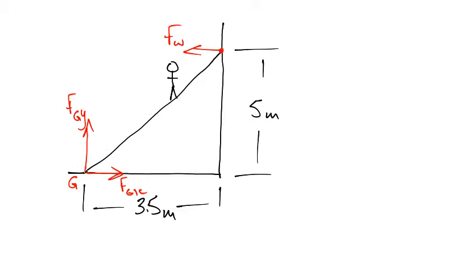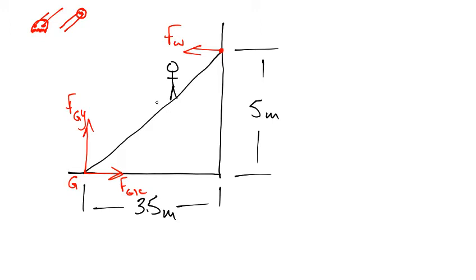And at the bottom of the ladder there's usually something that looks like this, and then at the top of the ladder it looks like that. So there's a roller at the top, but at the bottom there's actually something that has teeth on it so that it doesn't slip.